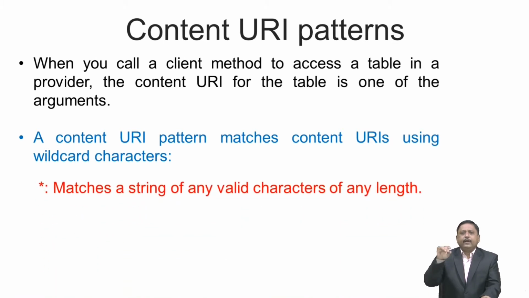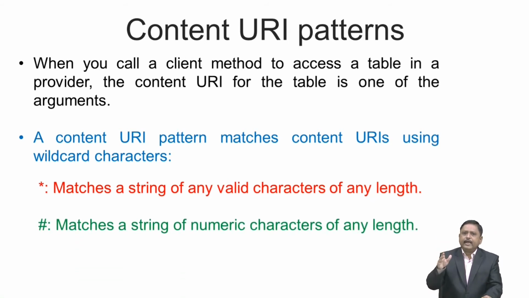For example, a star in a content URI means match a string of any valid characters of any length. And a hash sign or pound sign means match a string of numeric characters of any length. So we can also use these kinds of patterns in a content URI.